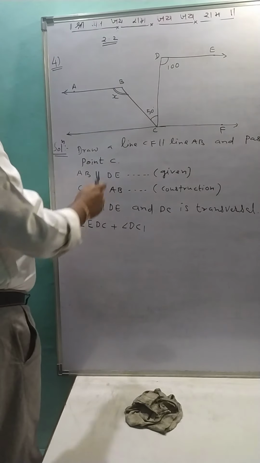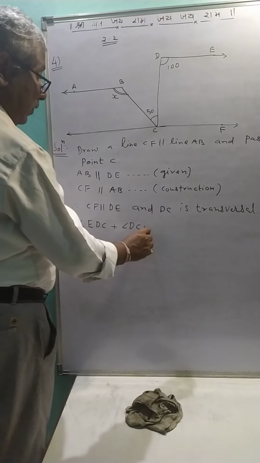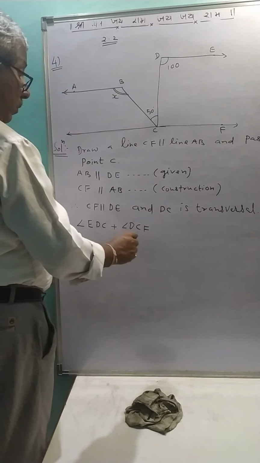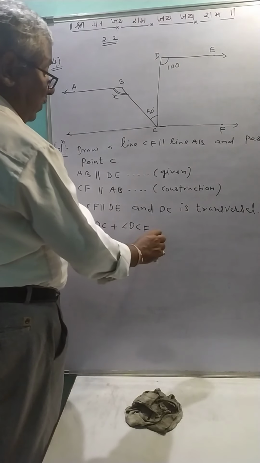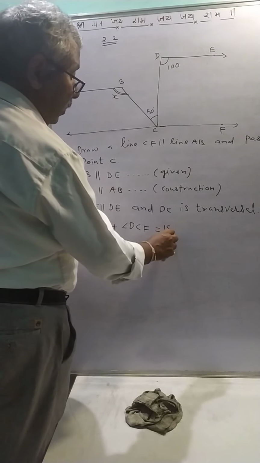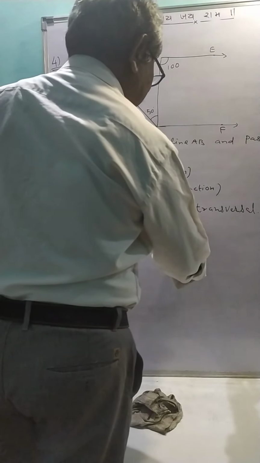So angle EDC plus angle DCF is equal to 180 degrees. This is the interior angle.